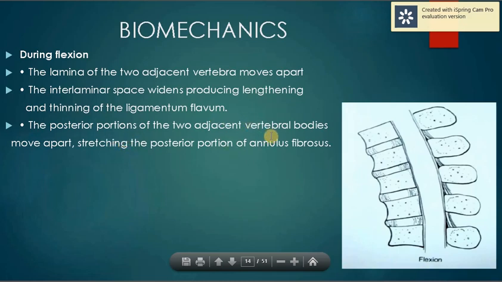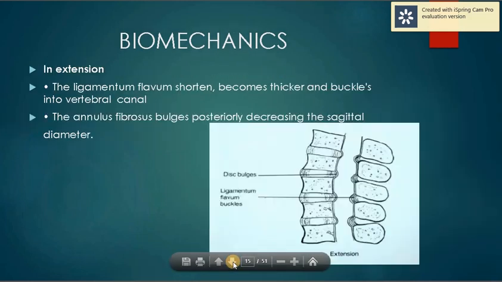Posterior portions of the vertebral bodies move apart, stretching the posterior portion of the annulus fibrosus. So this is in flexion. The space posteriorly, or the spinal canal, is relieved, or you can say biomechanically it is pulled apart and there is good space. But in extension, biomechanically, there is already crowding of the structures.